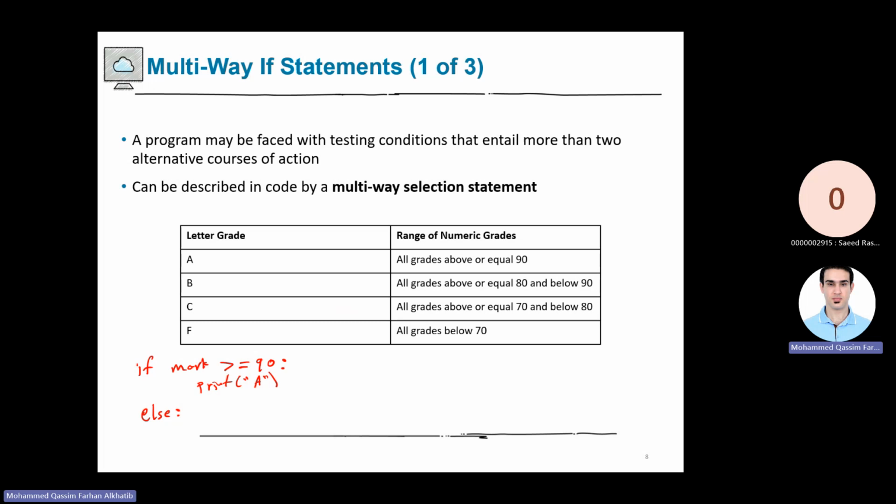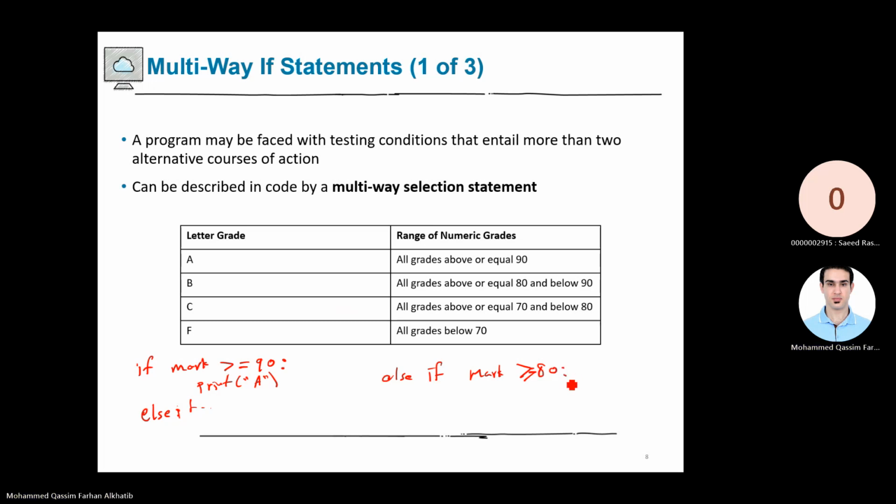Anything less than 90. So do I need to say that else if the condition is less than 90, do something? No. However, I still have to account for the condition that the mark is larger than or equal 80.